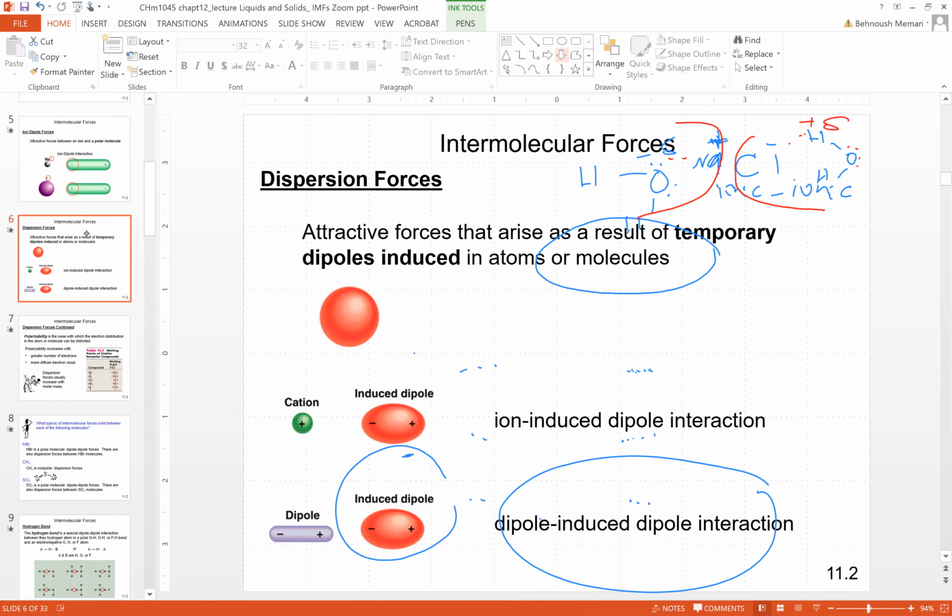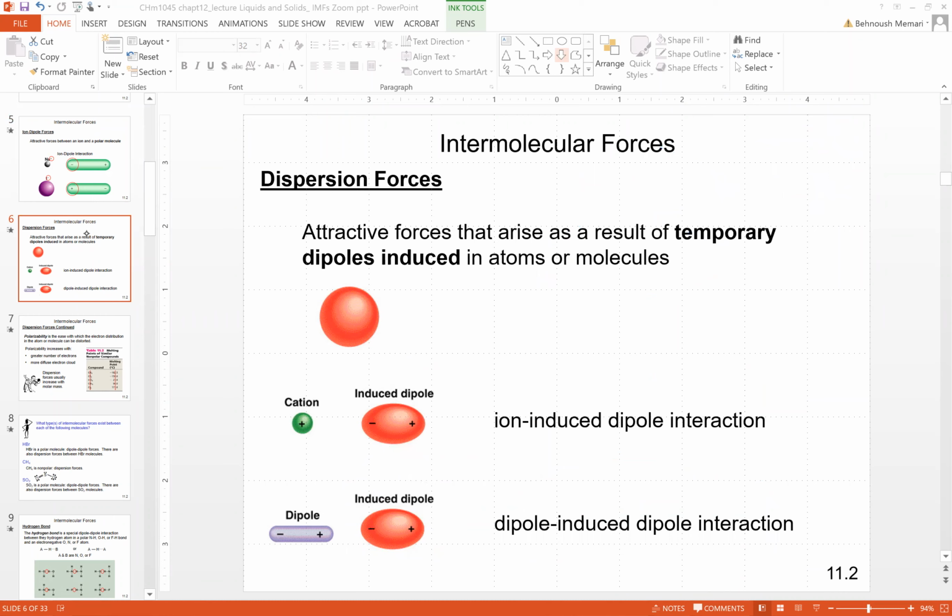Dispersion forces, those are the forces that are basically induced or temporary dipoles between molecules that are non-polar. So if the molecule is non-polar, there's no attraction between them, but you could still have it. Let's say you have a molecule of CO2, okay?